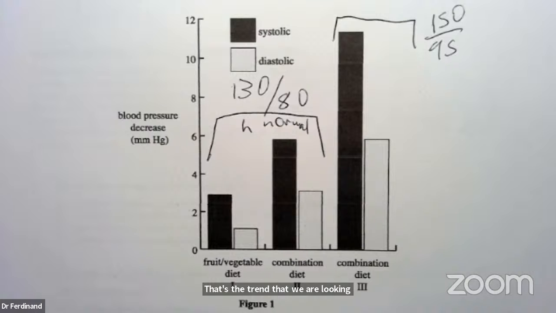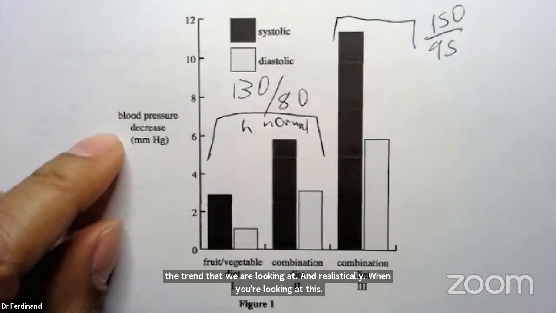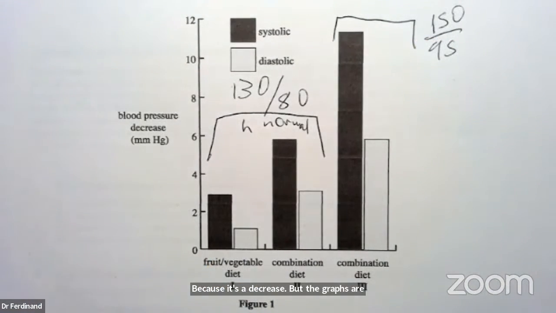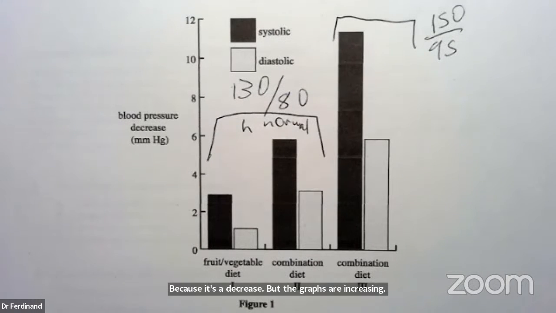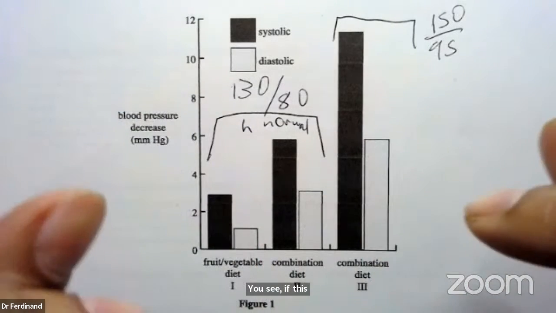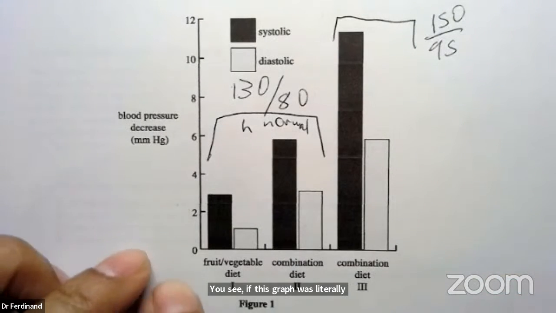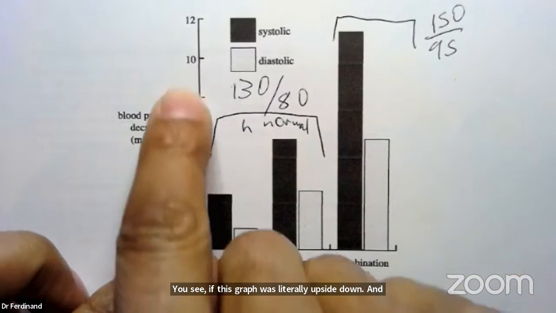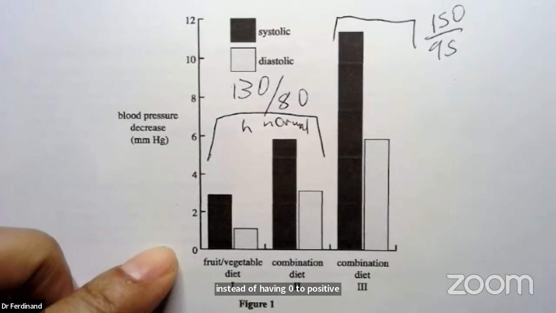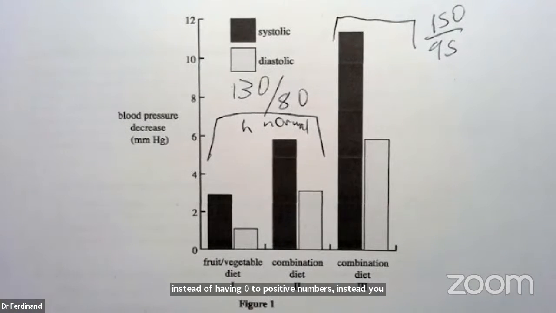But because it's a decrease while the bars are increasing, in reality this graph is upside down. If the graph was literally flipped, with negative numbers going down instead of 0 to positive numbers, then most of you would have gotten questions 2 and 4 correct.